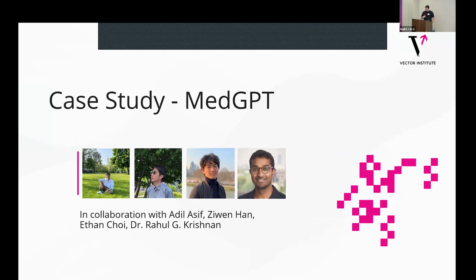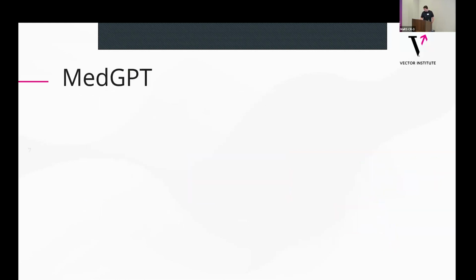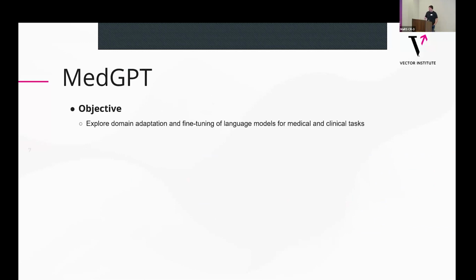And so I'll present that through the case study of a collaboration with one of the Vector faculty, Professor Rahul Krishnan, where we were working with him to explore domain adaptation and fine-tuning of language models for medical and clinical tasks, with an ultimate goal of trying to deploy something with one of our health partners.